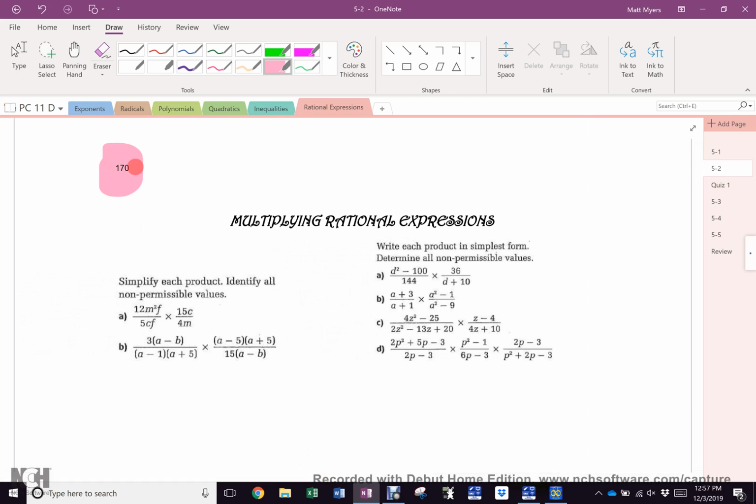There is not enough time tomorrow to do this whole page. Do some of it tonight. But there's no answers supplied to it. So most of you are going to do a few and then be like, I'm not sure if I'm doing it right. And then stop. That's okay tonight because we'll go over it tomorrow. Okay? And I'll give you some time tomorrow.